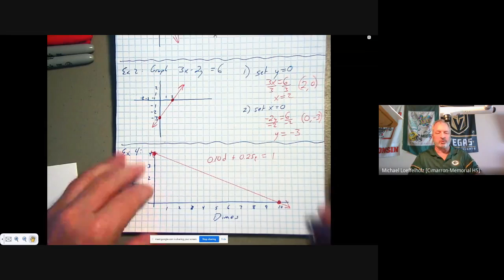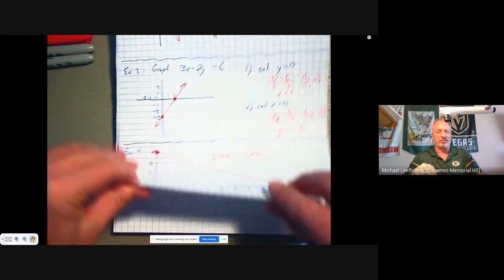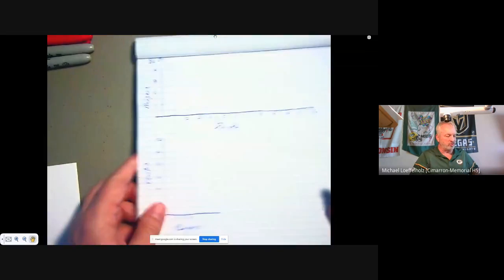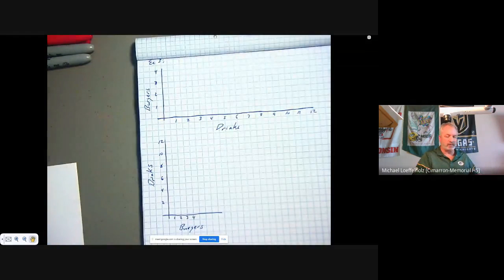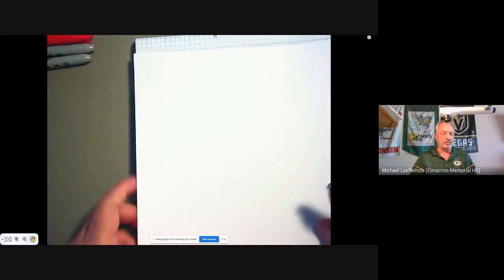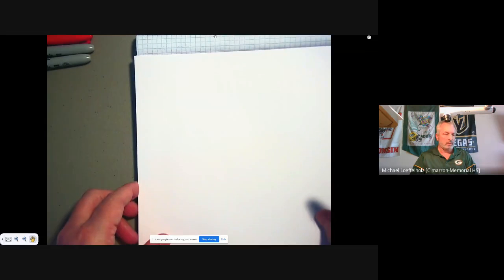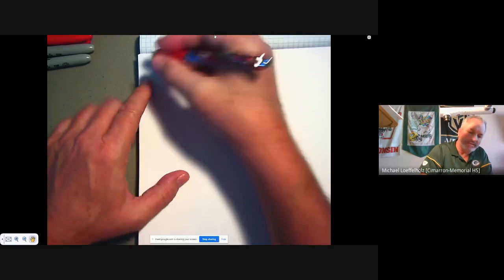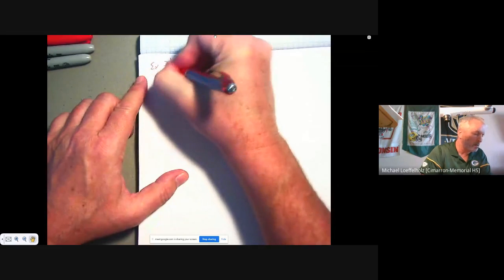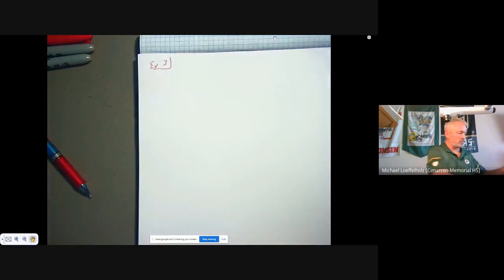Looking at our last example, which is actually number 3. This time we're doing burgers and drinks, and it's going to look a lot like our rides and games problems. Let me get the blue one.